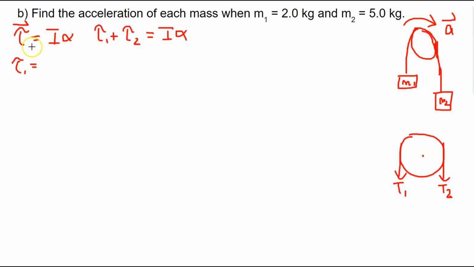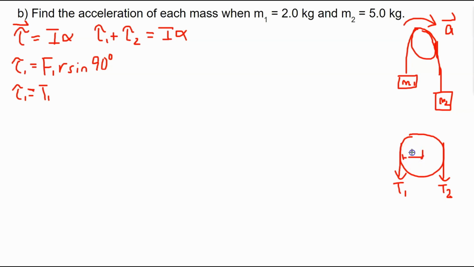So torque 1 is going to be equal to F1 times R times sine of 90 degrees. Why is it 90 degrees? Well, let's see. So torque 1, the force that's causing the torque is tension 1, so T1. And then, T1 is pointing down, and the radius R is 0.5.